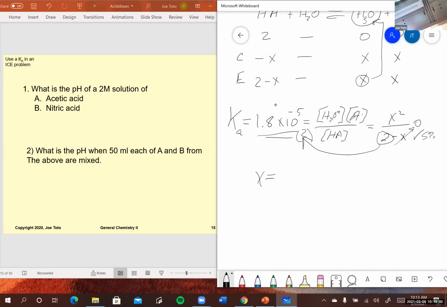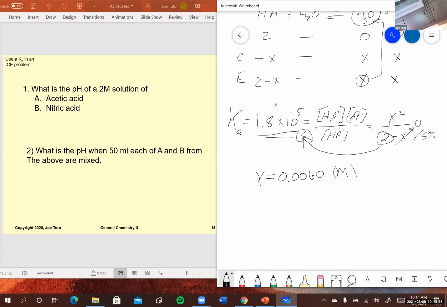Minus times 2, square root. So I got for x 0.0060. Did anybody else get that? Yeah. Okay, awesome.